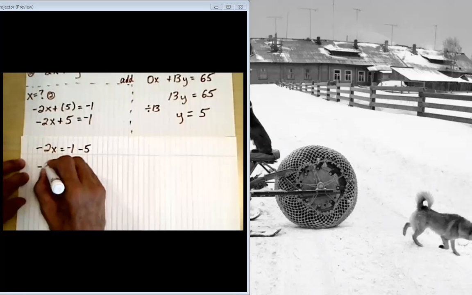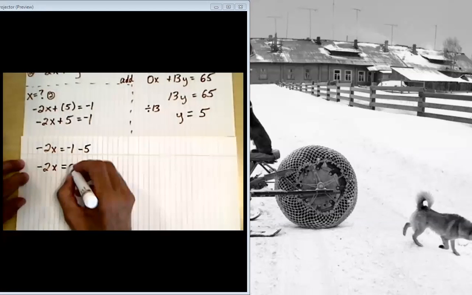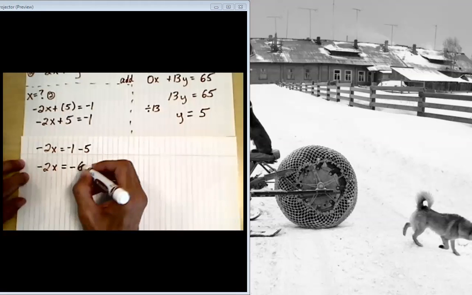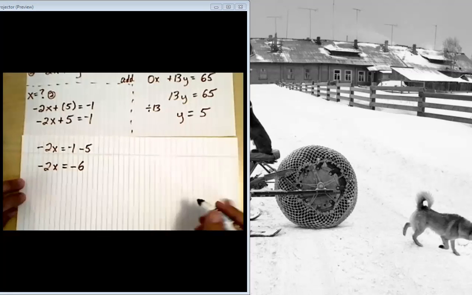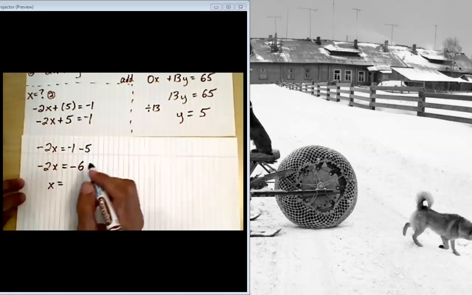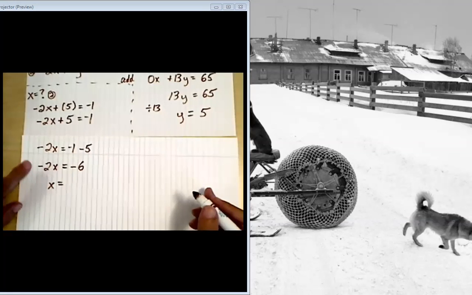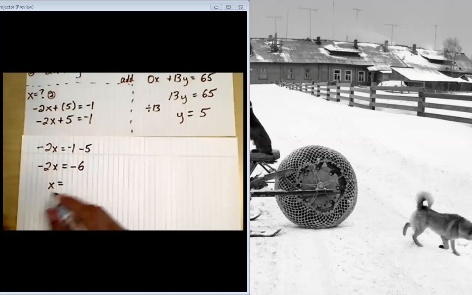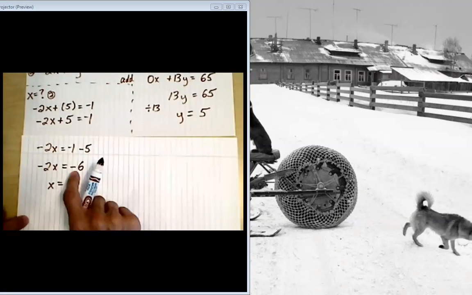Now we have minus 2x is equal to minus 6, thinking of the t-shirt sales. And then the final answer for x? We're going to divide by minus 2. Positive 3, because we have a negative divided by a negative.